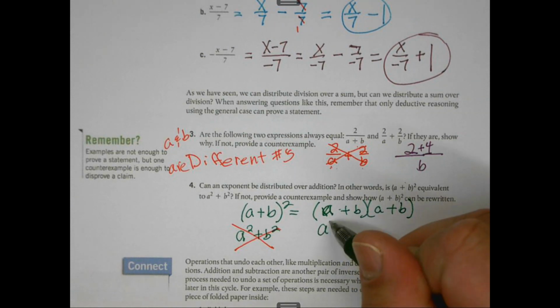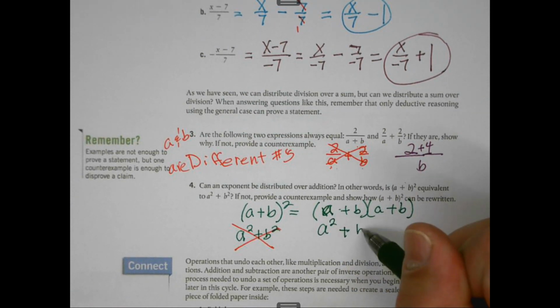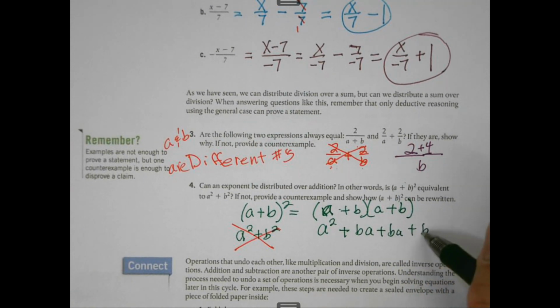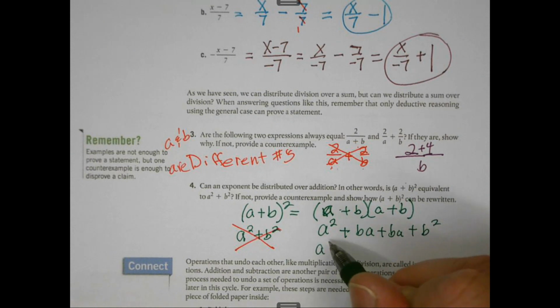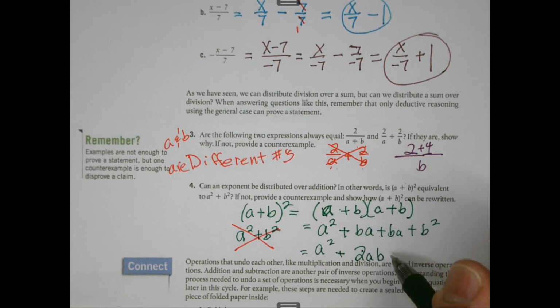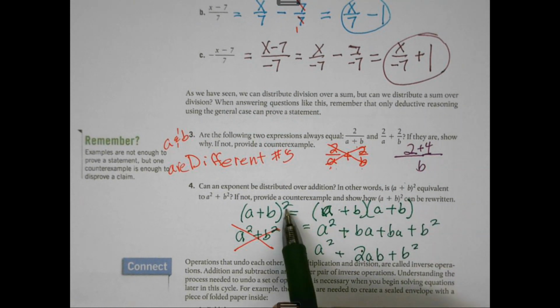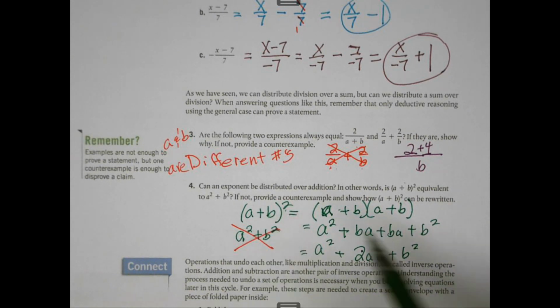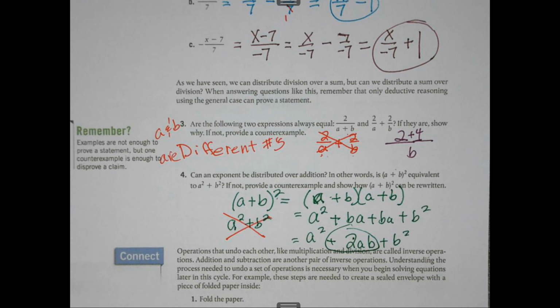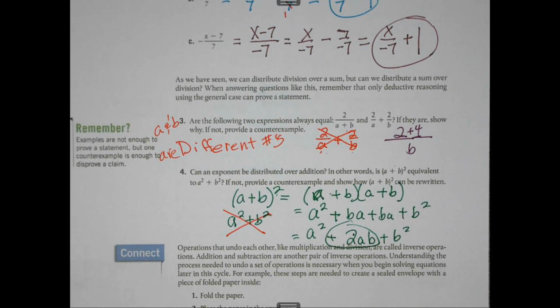You always get a middle term to combine. So in actuality, this is a squared plus 2ab plus b squared. When you distribute that exponent of 2, that's not a coefficient, it's an exponent, you forget that middle term. Another common mistake.